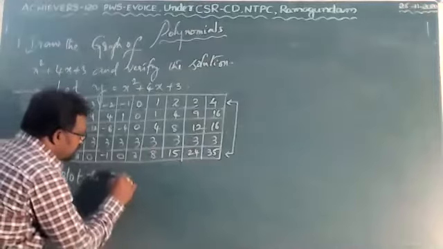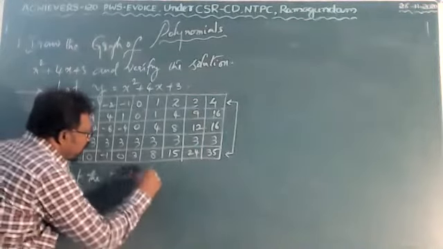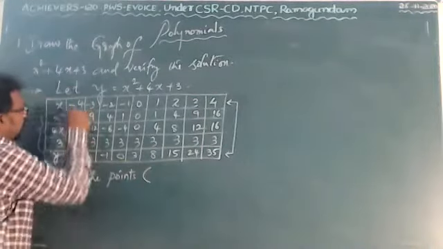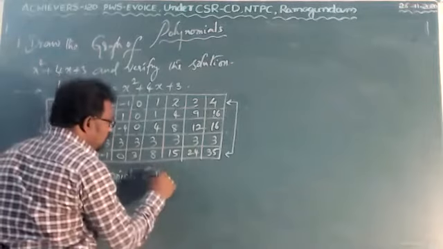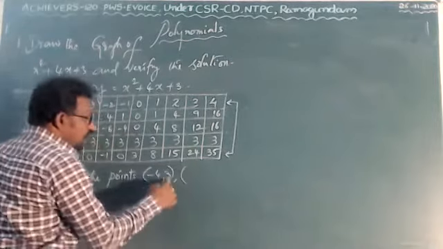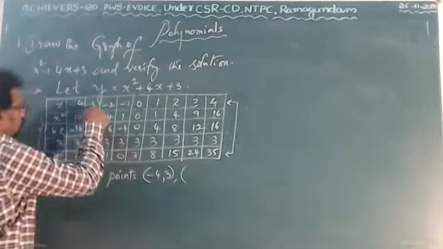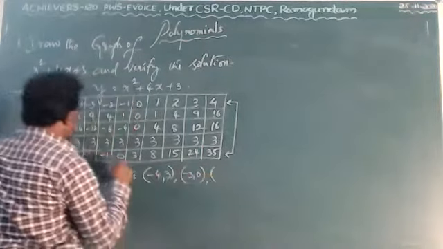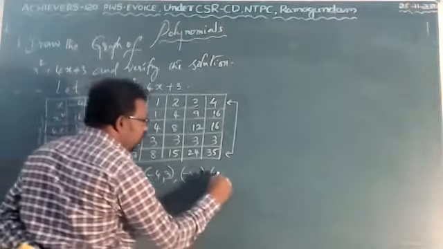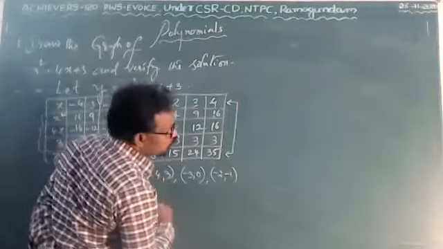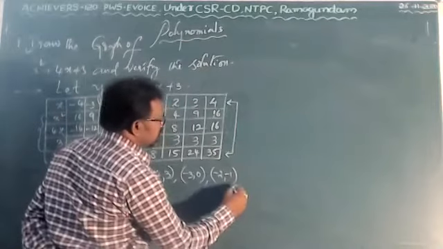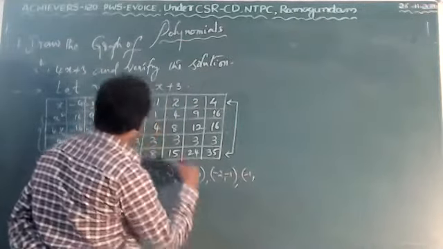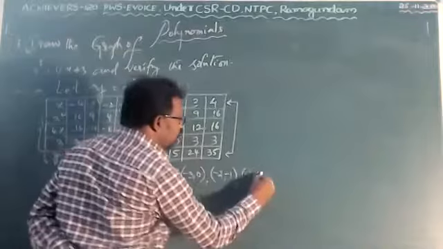Plot the points. Which one are we plotting? This one. Here. Minus 4, comma 3. X value, y value. Minus 3, comma 0. Minus 2, comma minus 1. Minus 1, comma 0.